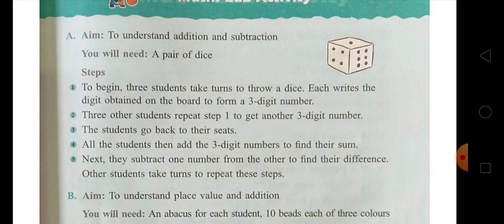And after that, 3 other students repeat step 1, that was, 3 students take turns to throw a dice, to get another 3-digit number. The students go back to their seats, and all the students add the 3-digit numbers to find their sum. And after that they subtract one number from the other, smaller from bigger, to find their difference. Other students take turns to repeat these steps.